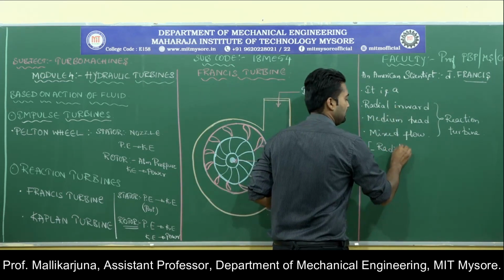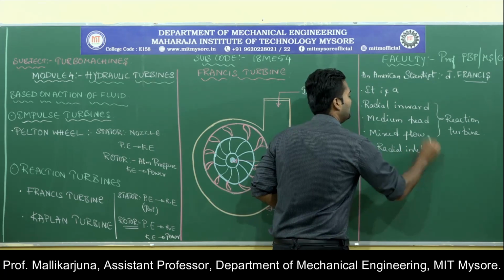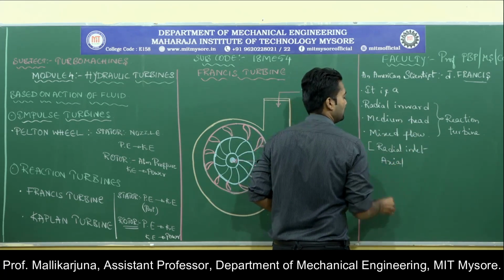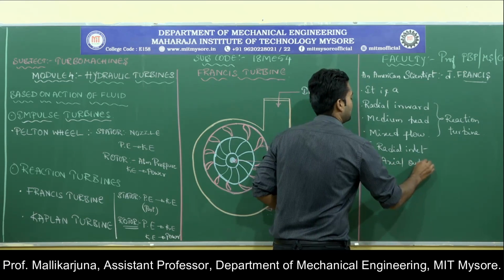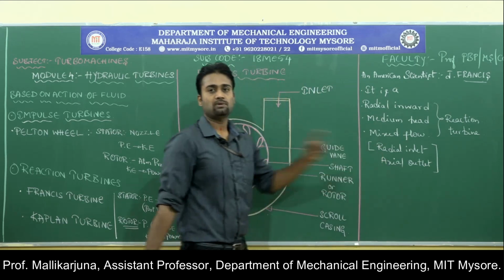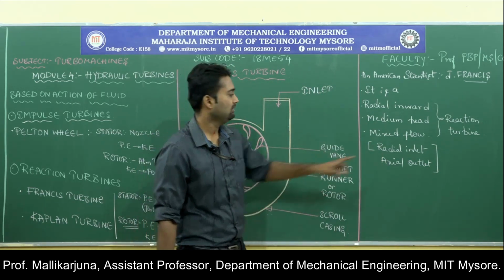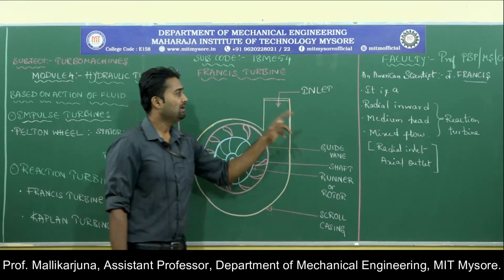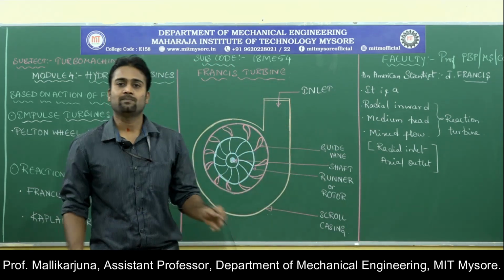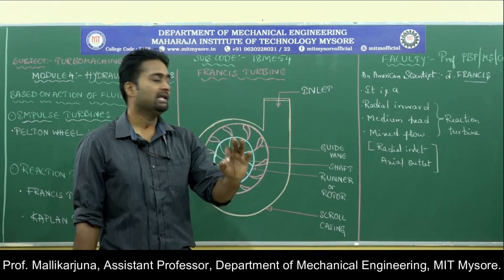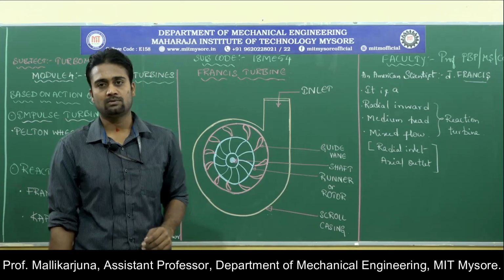So radial inlet, and while the fluid is moving out, it will flow out through the machine in an axial fashion, axial outlet. Since these two types of flow are there inside the machine, this machine is considered as a mixed flow machine. So while we are talking with respect to the Francis, it is very clear it is a medium head reaction type radially inward mixed flow turbine.